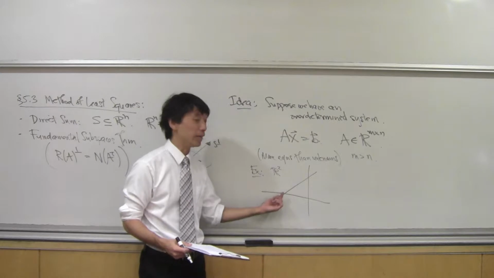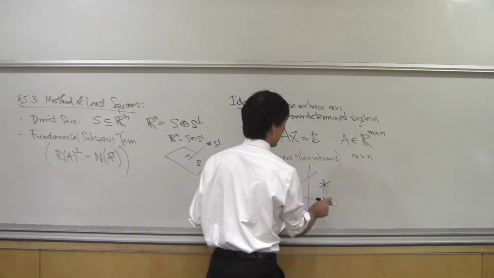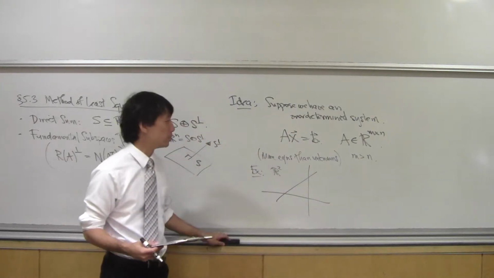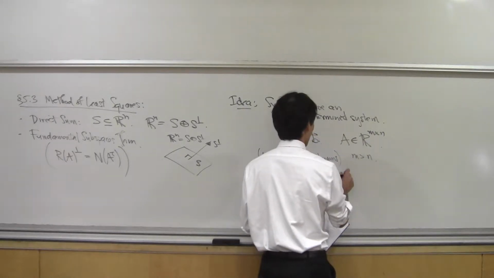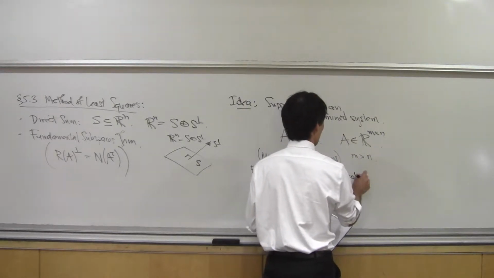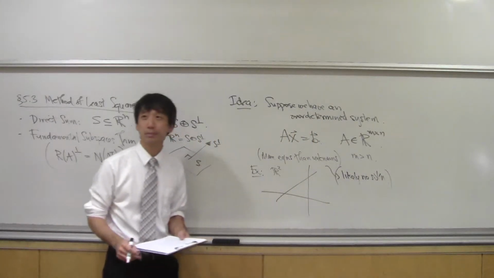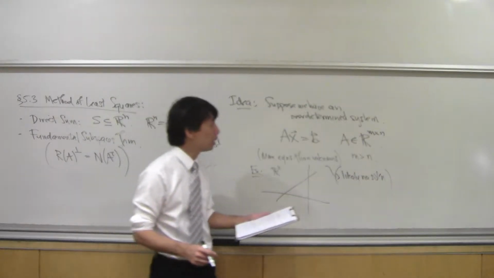There's no point that lies on all 3 lines unless you're really lucky. Chances are that it's not going to happen. So with more equations than unknowns, there's likely no solution.